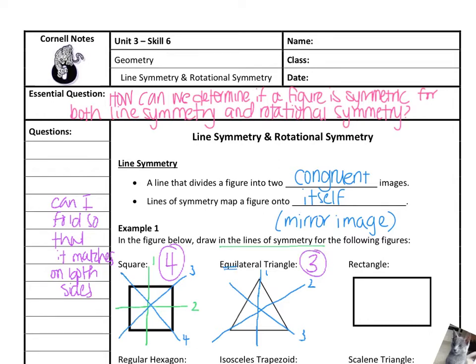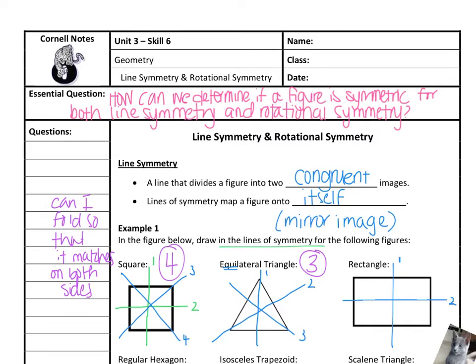Now for a rectangle, I know I can split it down the middle in half right here, because again, this left side would fold on top of the right side, and the corners, the vertices, would match up, mapping onto one another. And then I can definitely go horizontally. Top would fold onto the bottom, but I cannot go diagonally.